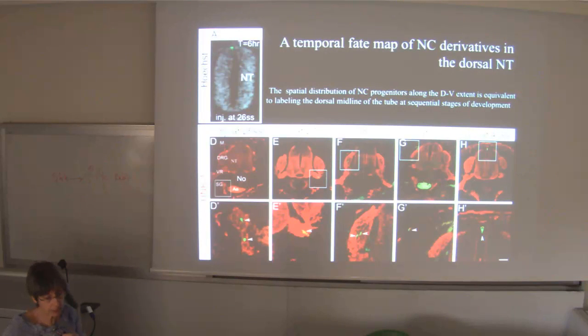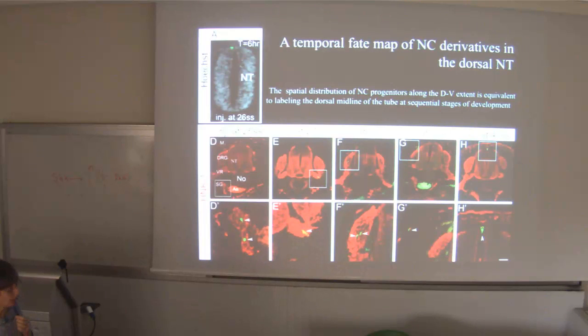The crest period has ended, and the cell will become a roof plate cell. The very same as we have a floor plate in the base of the spinal cord, you have a roof plate in the upper part of the spinal cord. The roof plate is an organizing center for interneurons, etc.